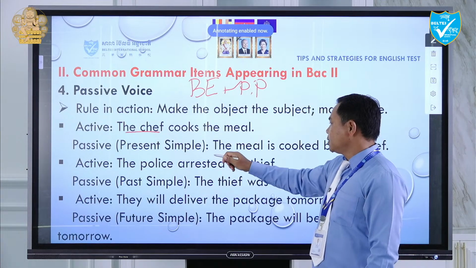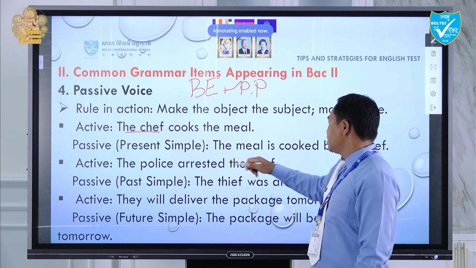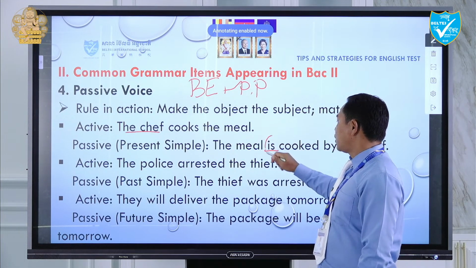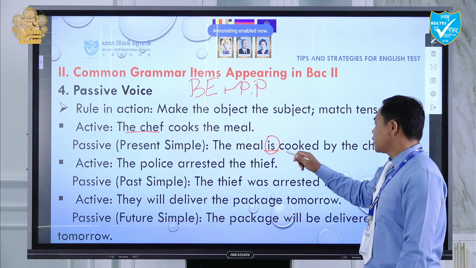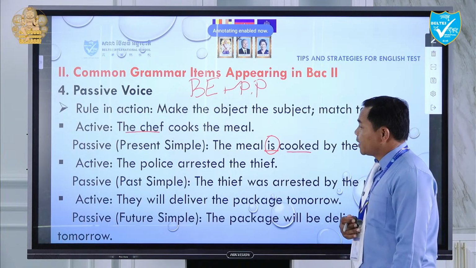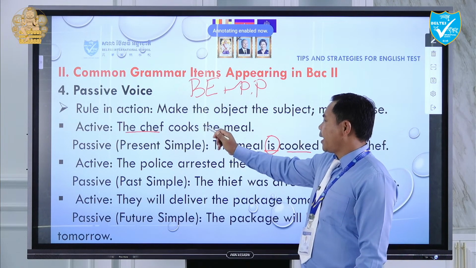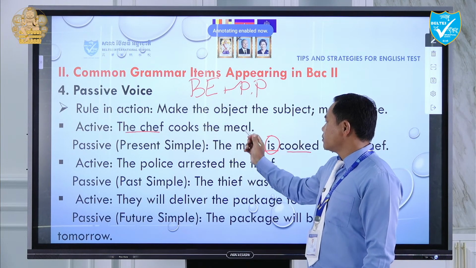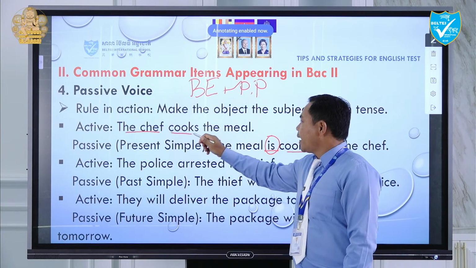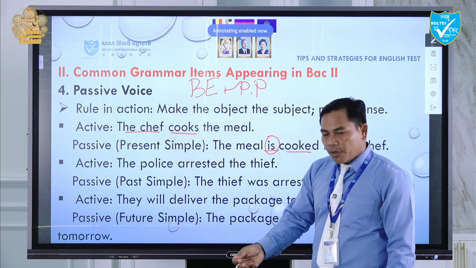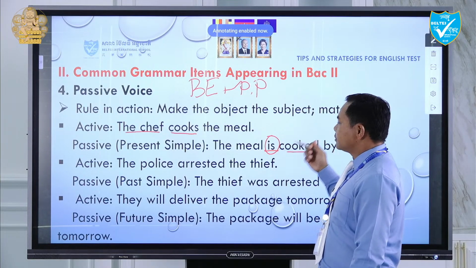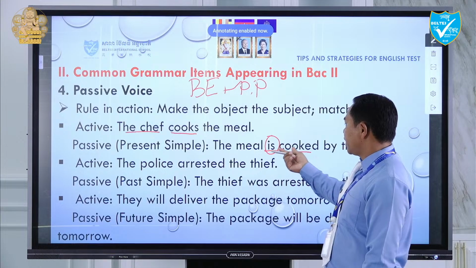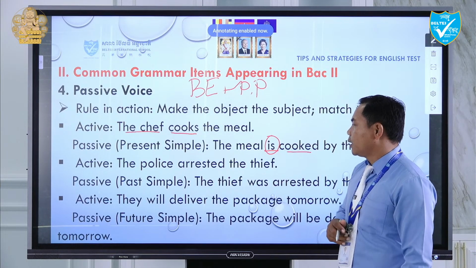In present simple passive, we use is, are or am, plus cooked, the past participle. Here, active: the chef cooks the meal. So when the active is in present simple, the passive is also present simple. We just add to be with the past participle.